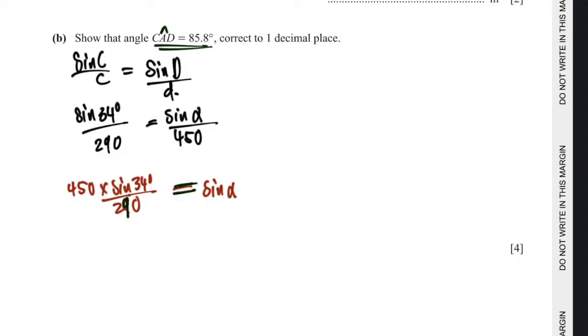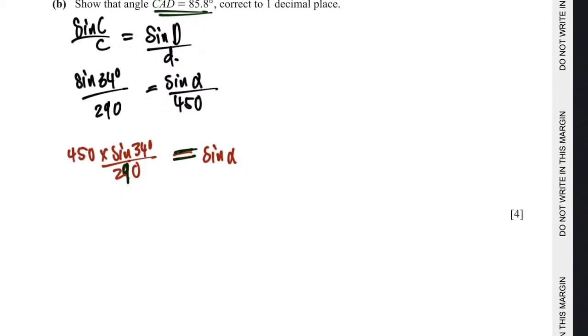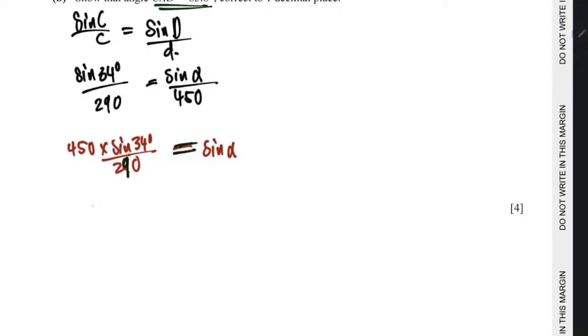Put it in the chat. 450 times sine 34 divided by 290. Yes, you should get 0.86771 whatever as sine alpha.